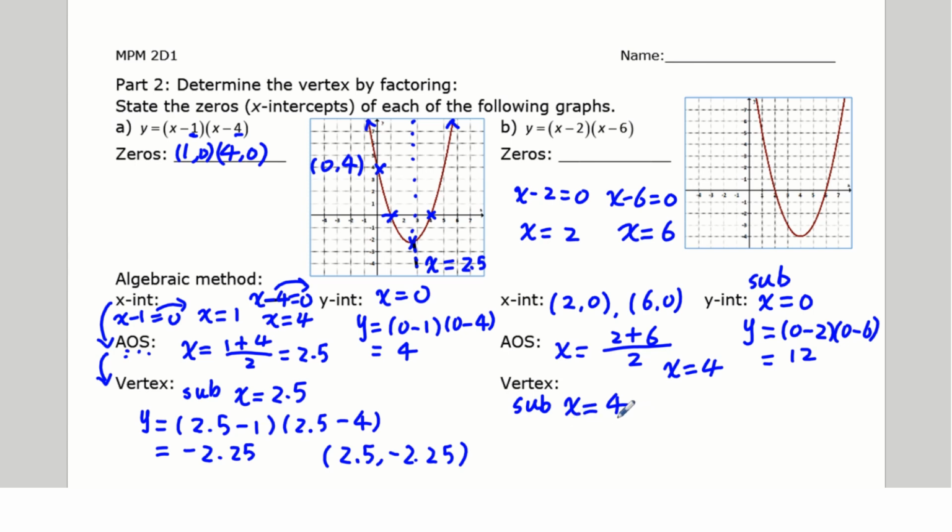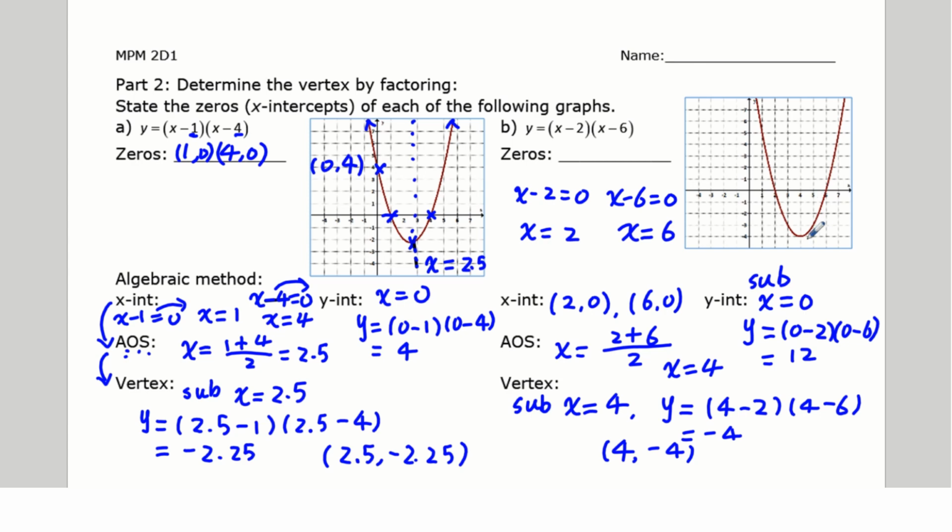So sub x equals 4, then we find the y-coordinate of the vertex. So 4 minus 2 times 4 minus 6, you will have 2 times negative 2 give you negative 4. So the vertex is 4, negative 4.